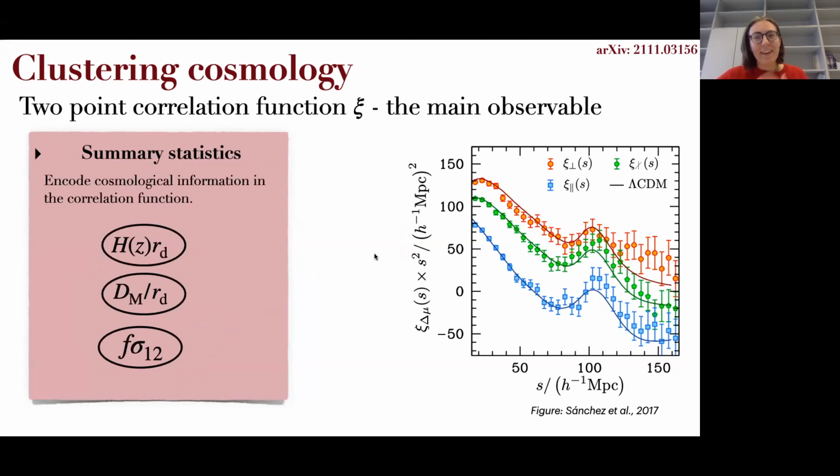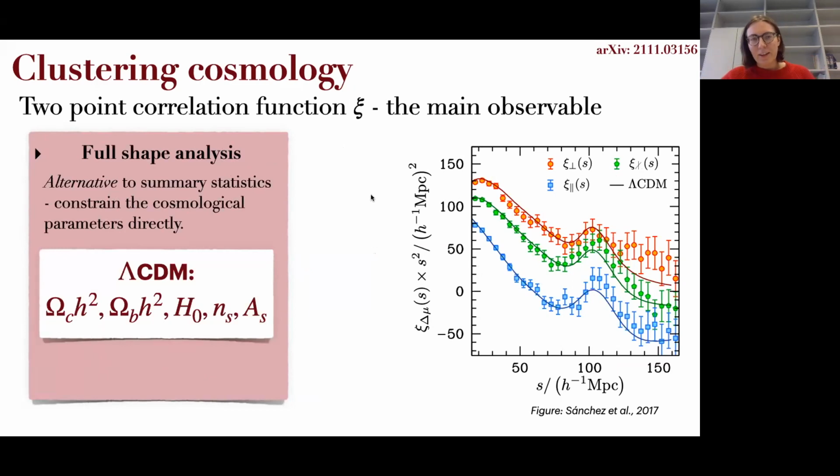The point being that quite commonly, the information content of the 2-point correlation function is summarized in these 3 summary statistics. So it is possible to just fit for the BAO peak and the redshift space distortions and leave out the rest of the information behind.